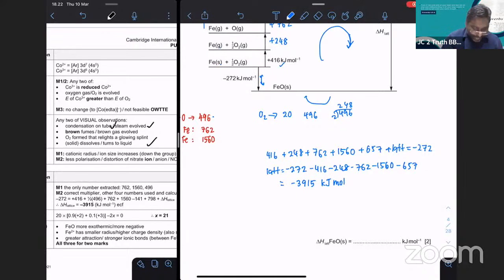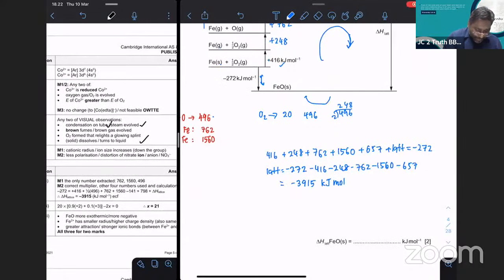If you look at the marking key also, you see negative 272. We have 416, half of 496 done. 762 correct, 1560 correct. And then if you join these, you will get 657 plus lattice energy.